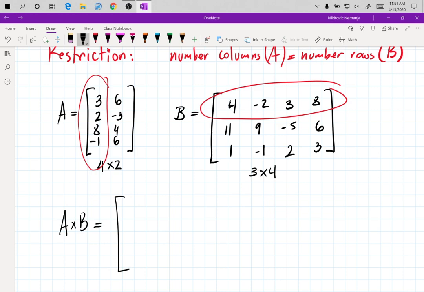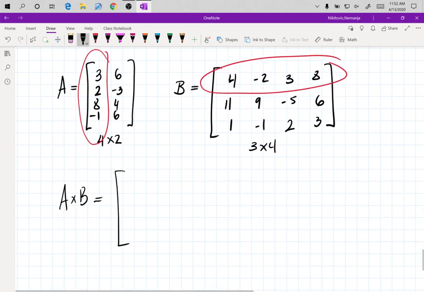So when I multiply them, I will have 3 times 4 plus 2 times -2 plus 8 times 3 plus -1 times 8.